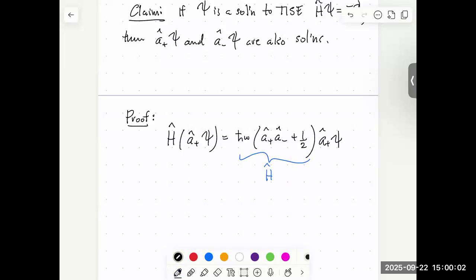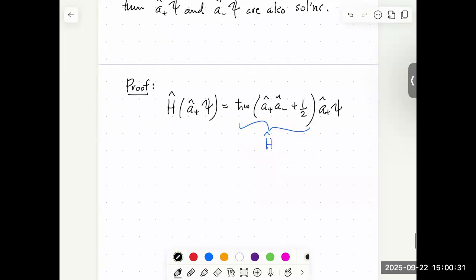Okay, so now we're just going to do a little bit of algebra. The only thing you have to be worried about is that I cannot arbitrarily change the order of the operators. The operators can pass through constants like 1/2 and h bar and omega, but I can't take this A plus and move it past the A minus, for example. So that's the only thing that we have to be cautious about.